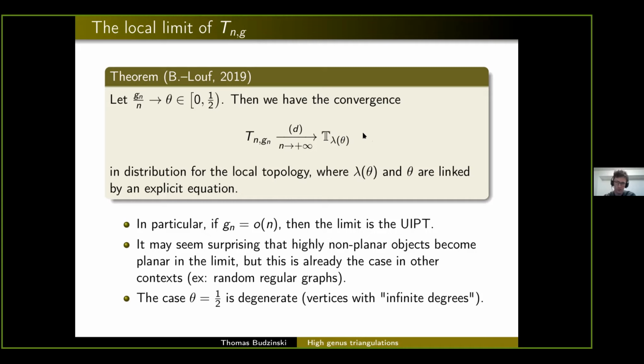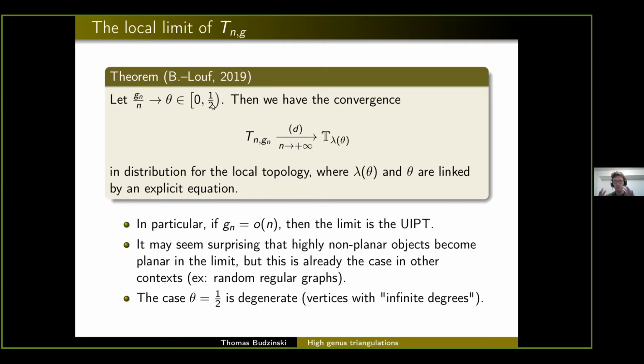So if the genus is small compared to the size, we cannot see it on the neighborhood of the root. The negative curvature will not be sufficient to affect a small neighborhood of the root. On the other hand, the other extreme case is the case where theta is equal to 1/2.